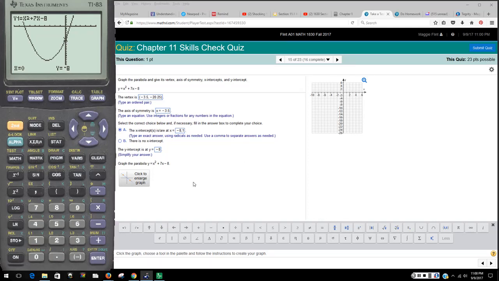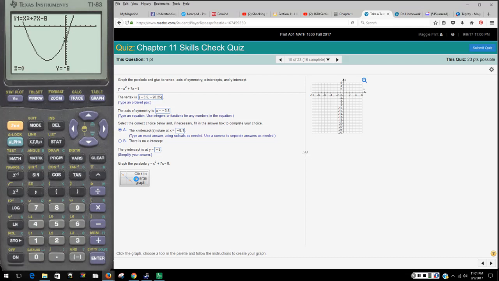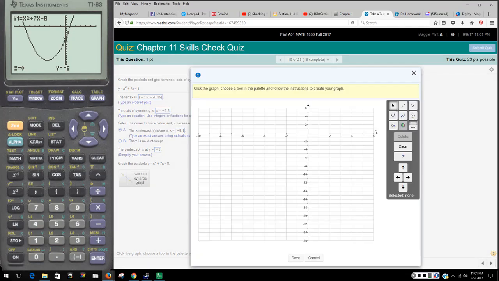Now we want to graph the parabola. So when we graph this parabola, we have several pieces of information we can use to help us graph it. You can use the vertex, you can use the x-intercepts, you can use the y-intercept. But you need to use any two of those three. I'm going to use the x-intercepts. The first x-intercept is at negative 8, 0.